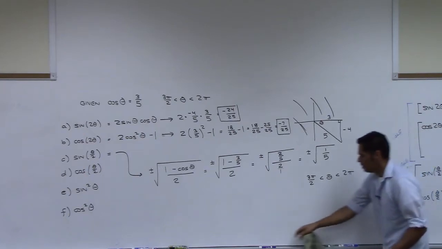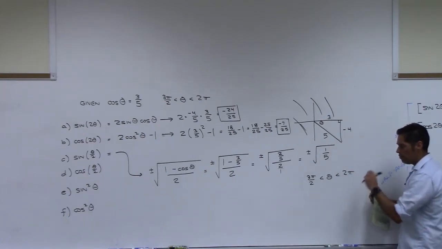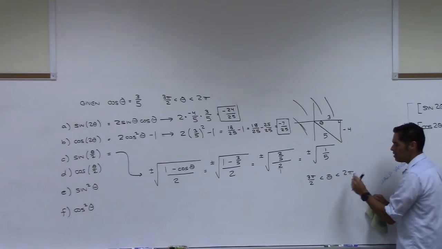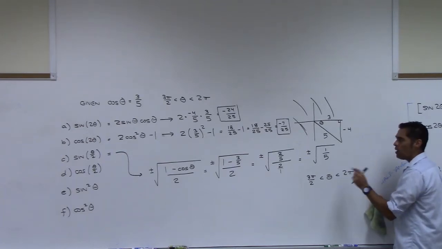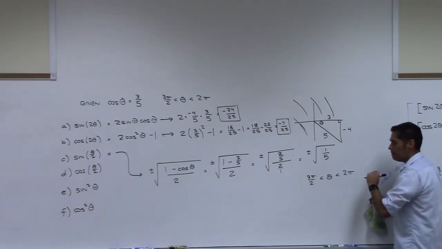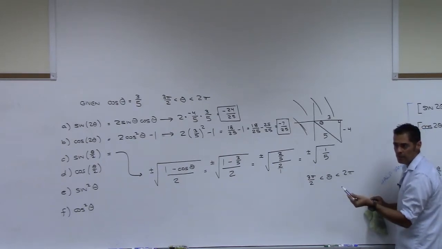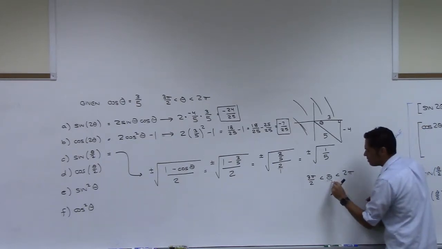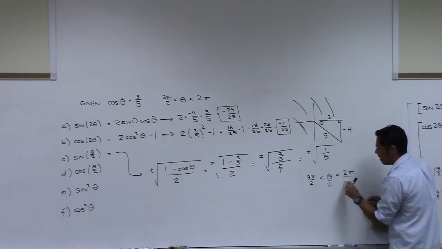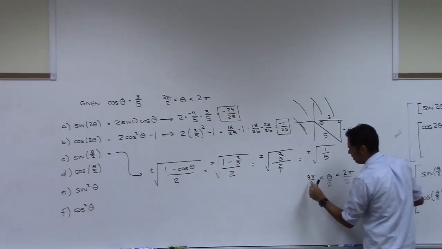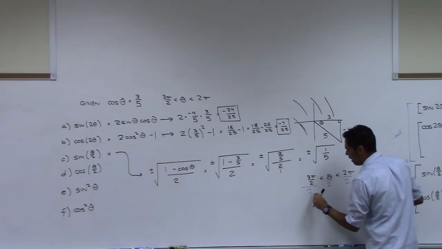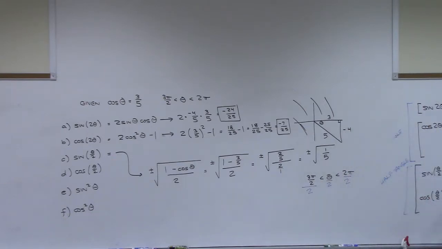So what I'm going to do is, when you have a string of inequalities like this, you can multiply or divide everything by the same number so long as it's not a negative number. So I can divide this by 2, divide that by 2, and I can divide this by 2. I'm allowed to do that as long as I do it to each one.